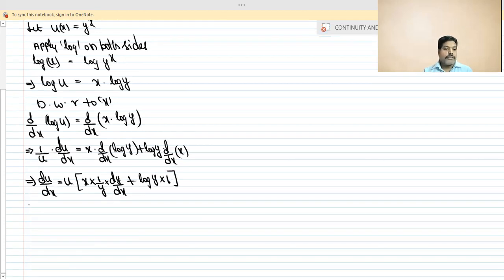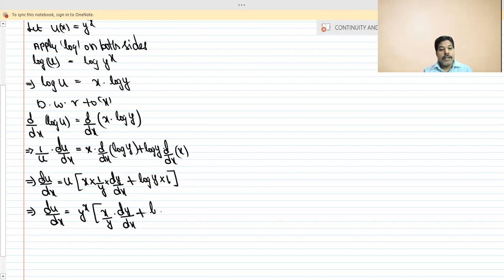So du by dx is equal to, what is the u value, students? u is nothing but y power x, so du by dx is y power x into x by y into dy by dx plus log y.